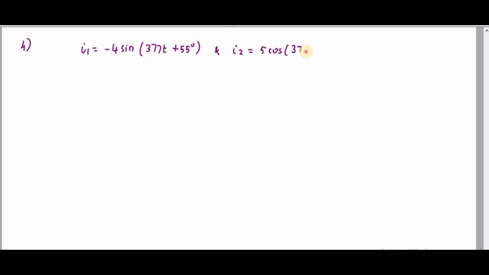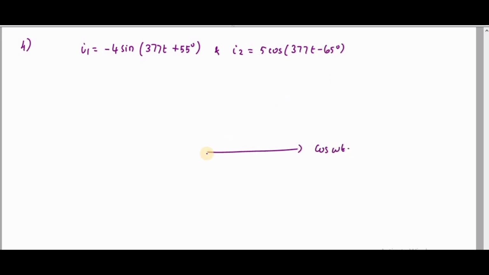Again let me draw this one. This is your cos omega t. So it is minus 65 degrees, and therefore it has to be like this.